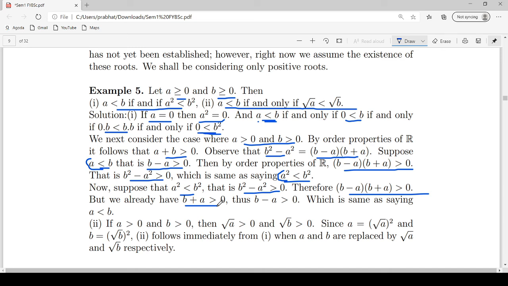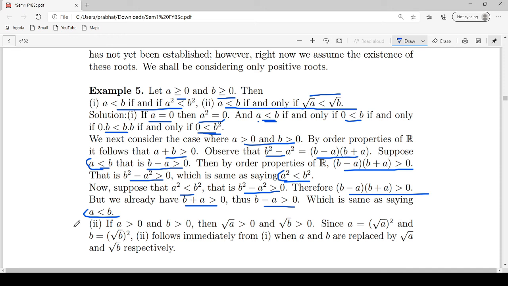Therefore B plus A is greater than 0 and that will imply B minus A should also be greater than 0. And B minus A greater than 0 will imply A is less than B. So you assumed A square is less than B square and proved A is less than B. So you can say A is less than B if and only if A square is less than B square.